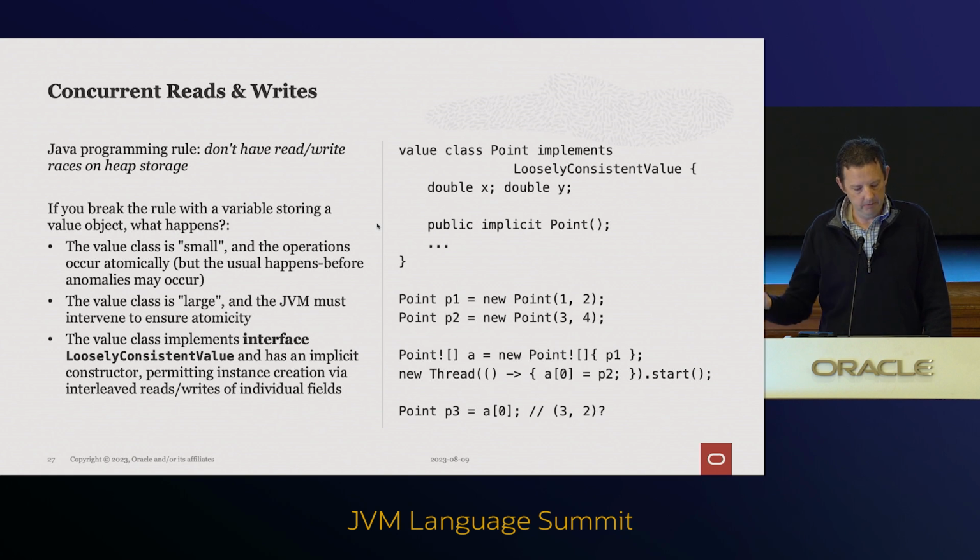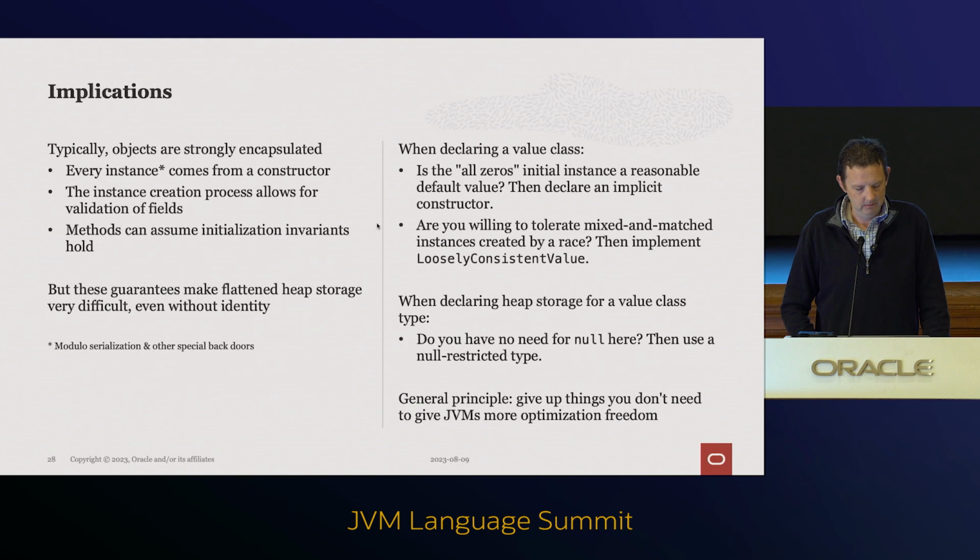But if you opt out by implementing a certain interface, loosely consistent value is the name we're playing with right now, then that interface says that this class may have new values that pop up. The implicit constructor not only allows for a default value, but also other strange values that might arise out of races. We'll tolerate those too. That's a programming choice again.